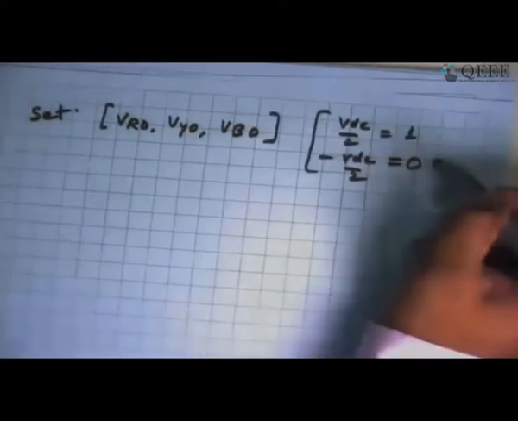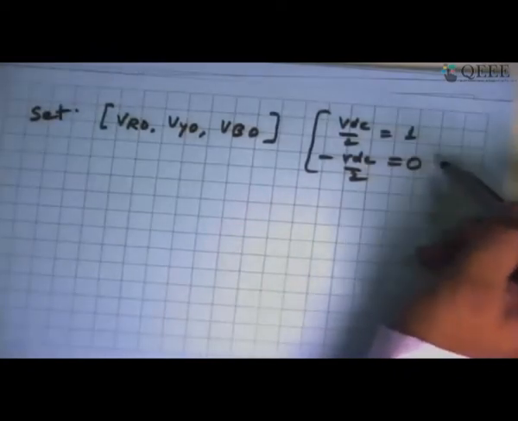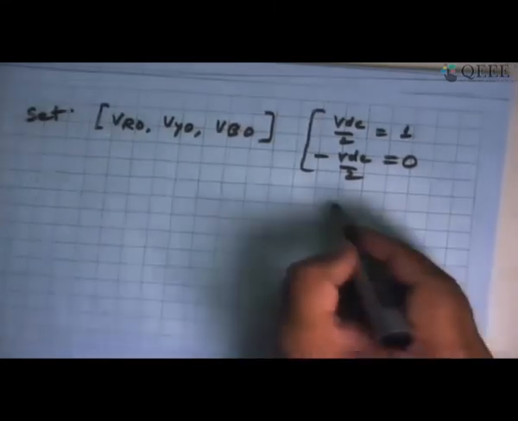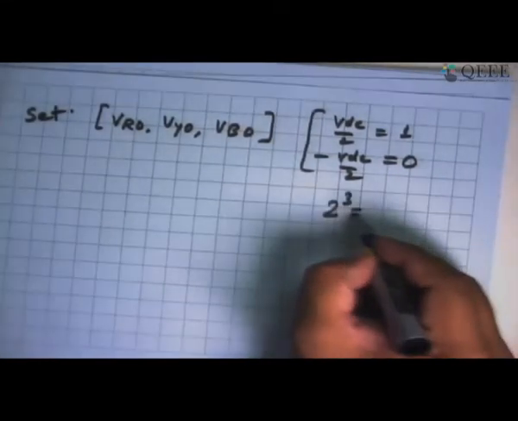Suppose we call them 1 and 0. With two states and three poles, together we have 2 raised to 3, which is 8.